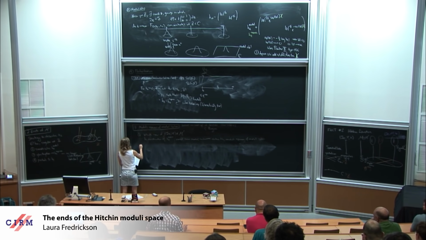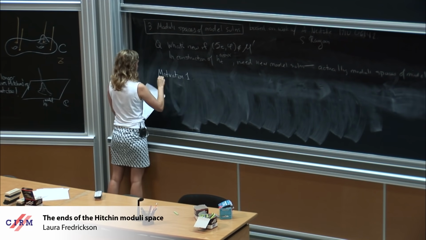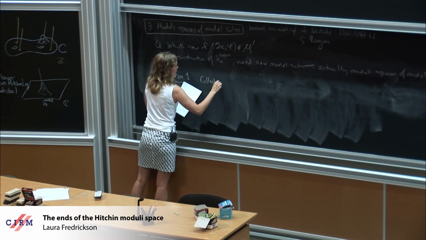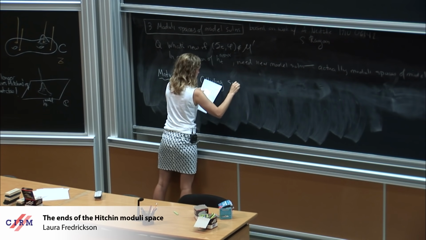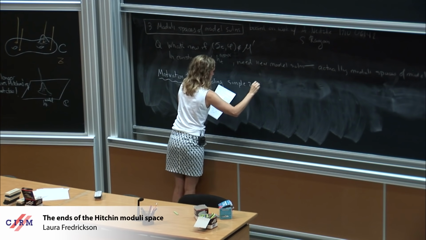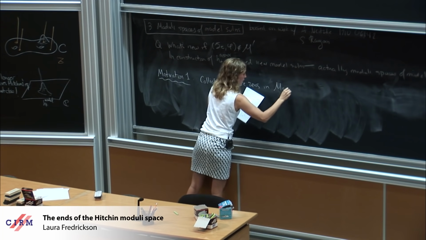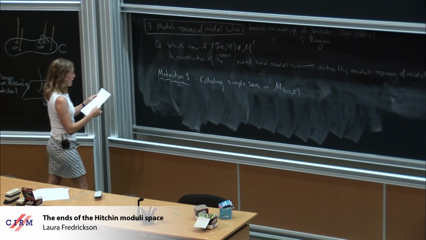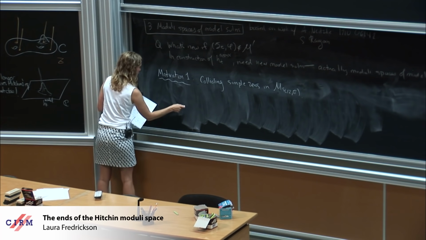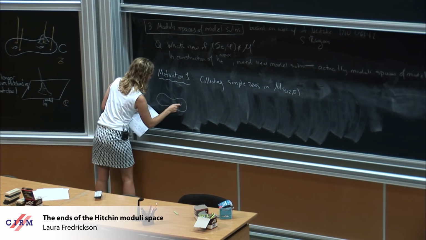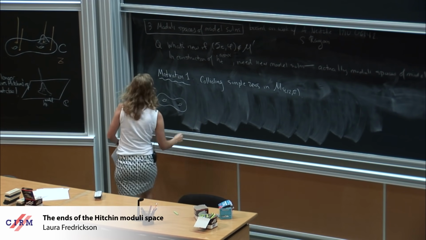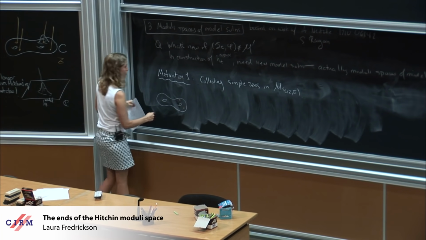So the first motivation for why you might need moduli is the case of colliding simple zeros in M_SL2C, just in the rank 2 case. Suppose we have our curve C, and we have two zeros which are staying far apart.